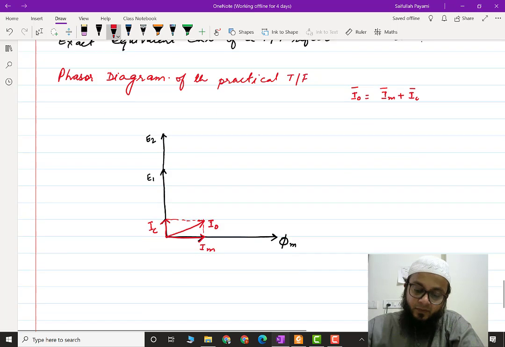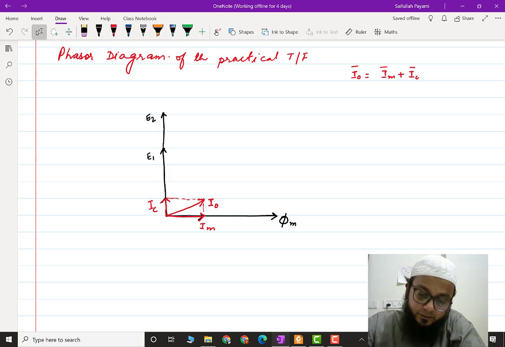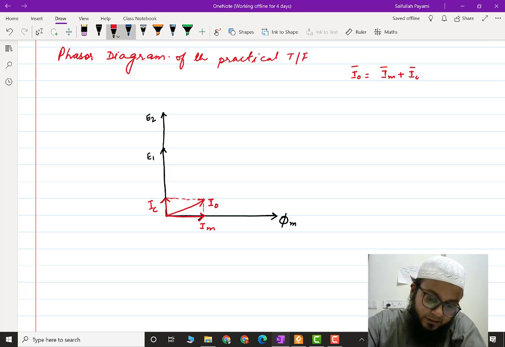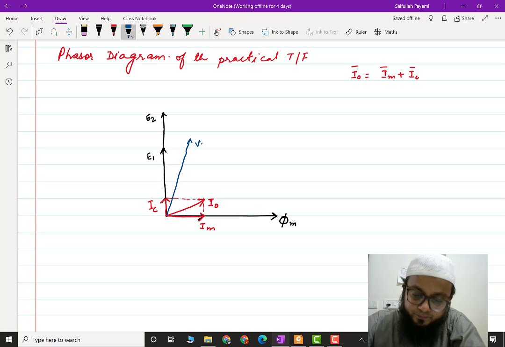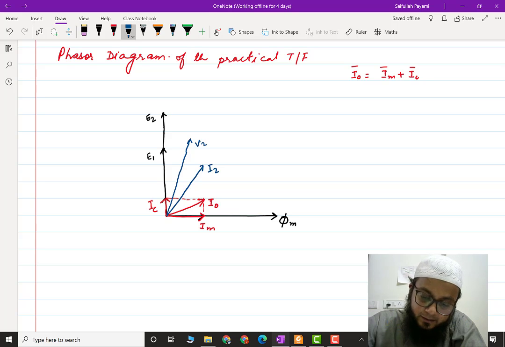So we'll try to incorporate that here. Let's say this is V2. I2 will lag V2 by some angle, the load power factor angle, which is theta 2, as I said here.